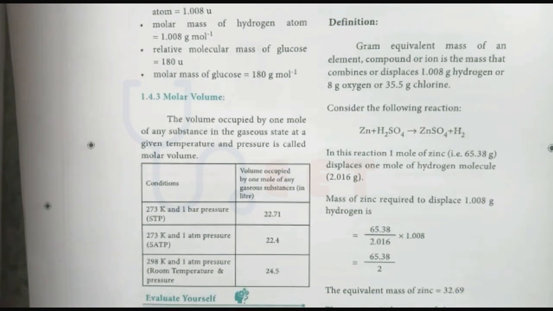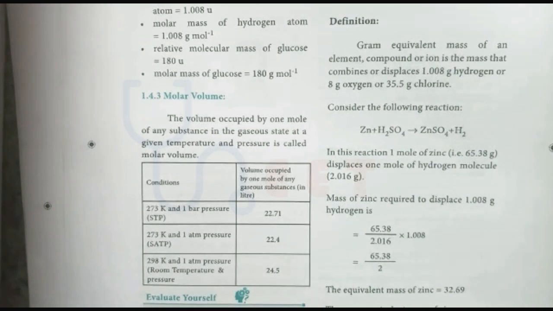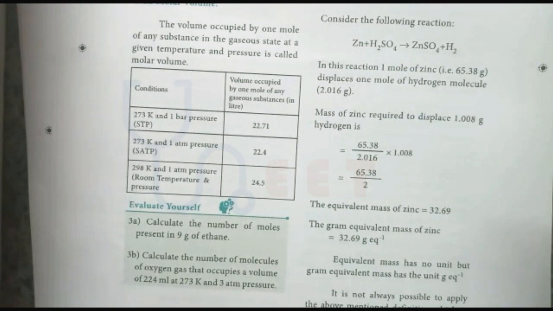That volume is called the molar volume. If the molecule exists in a gaseous state, the particular space it occupies is called molar volume.